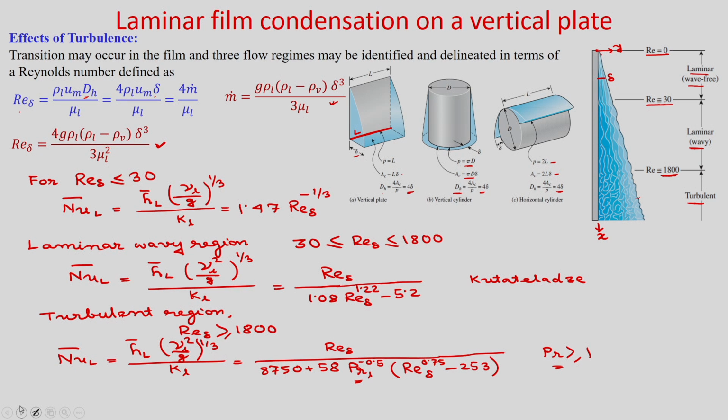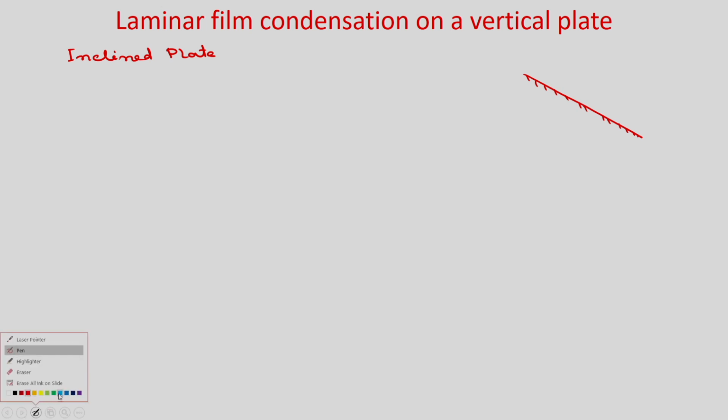Now, if you consider inclined plates, so you have a plate, okay, and your condensation will take place. So, you will get this is the condensate, and theta is measured from here.